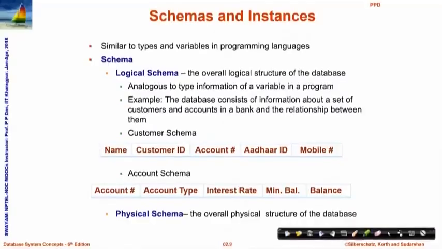This is not actually the data. The customer schema is not saying who the customers are, the account schema is not saying what the accounts are or what their balance is. It is saying that if a customer needs to be defined, what information you need to know and manage. If an account needs to be described, what the different important fields are. So, this metadata is called the schema of a database.